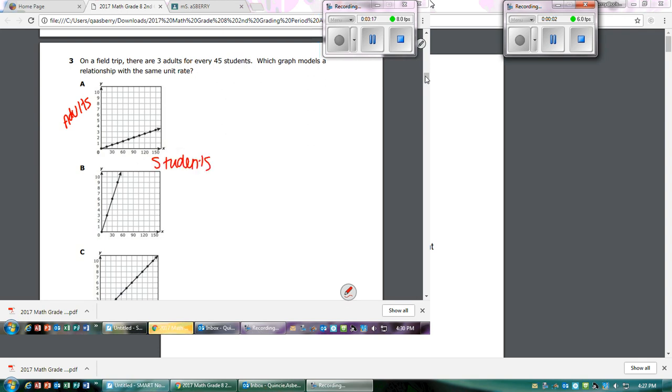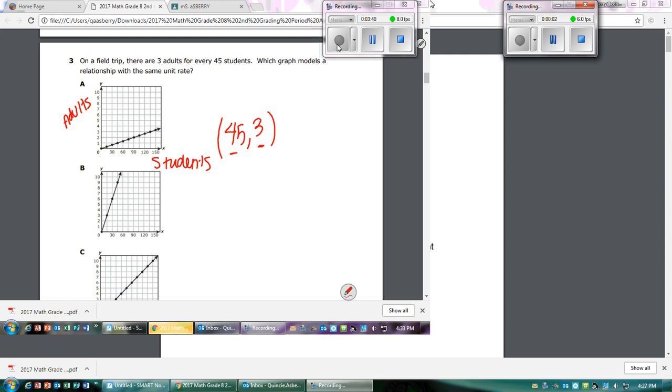We're looking for 3 adults as my y and 45 students as my x. So I'm going to look at the graph that shows that.